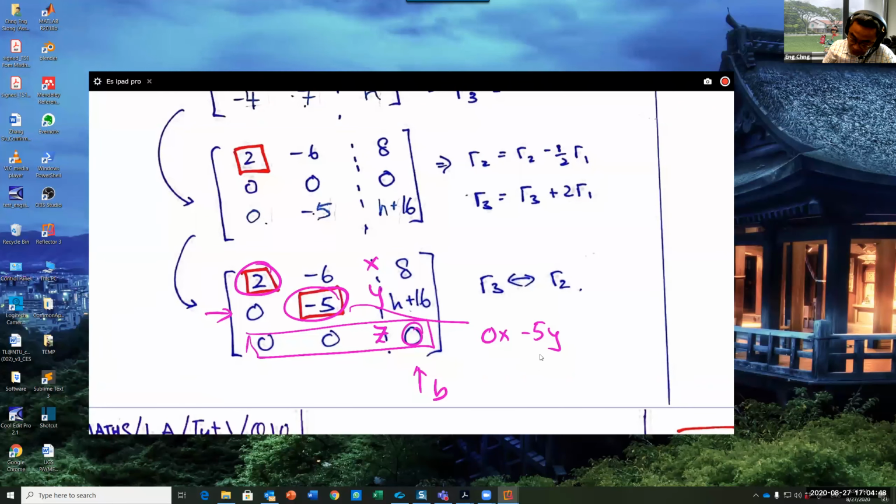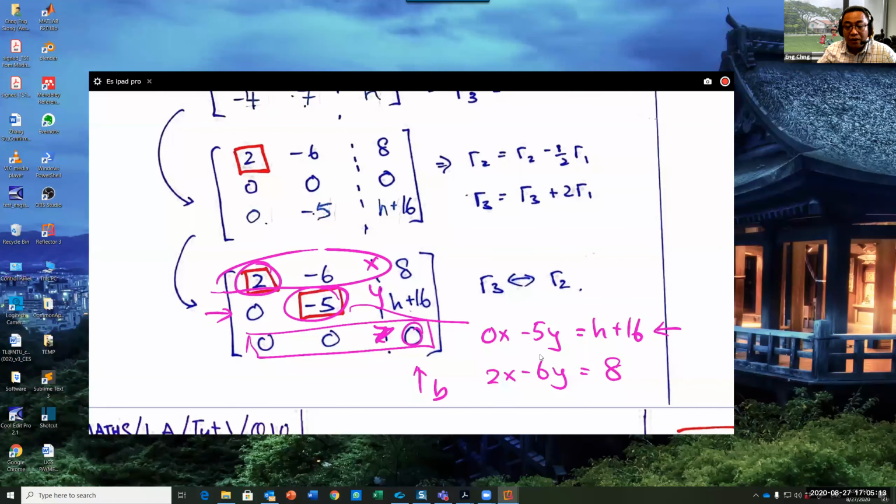There's no Z. 0x minus 5y is equal to h plus 16. What about the first equation? 2x minus 6y is equal to 8. The first row can be solved. Once I have given you h, y can be solved. Once y is solved, we can substitute in here, then x can be solved.